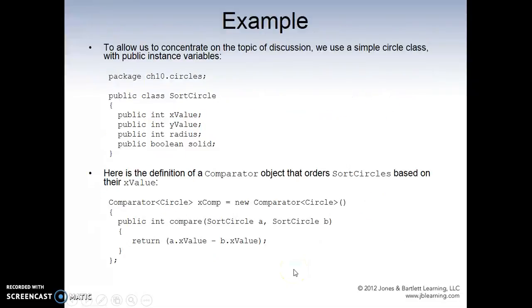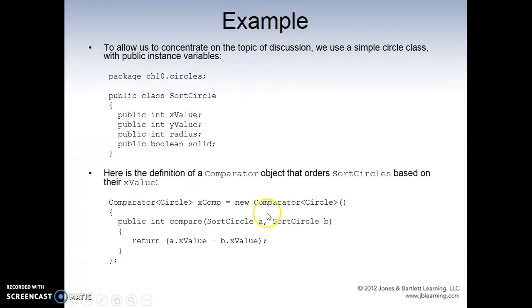Look at an example. To allow us to concentrate on the topic, we use a simple circle class. So SortCircle has x value, y value, radius, and boolean solid. And a comparator object that orders SortCircles based on the x value.